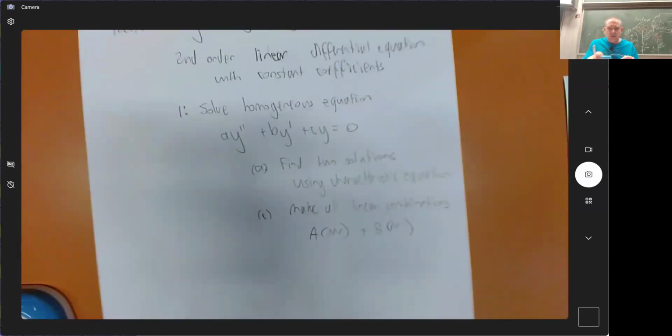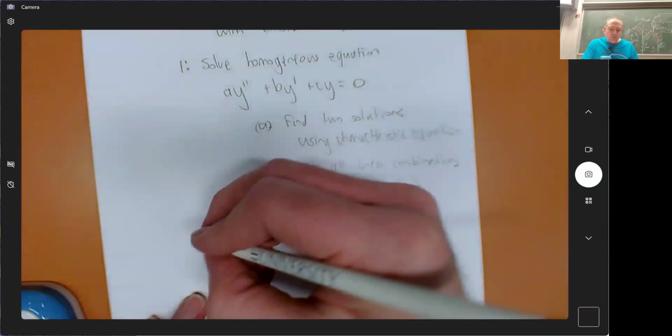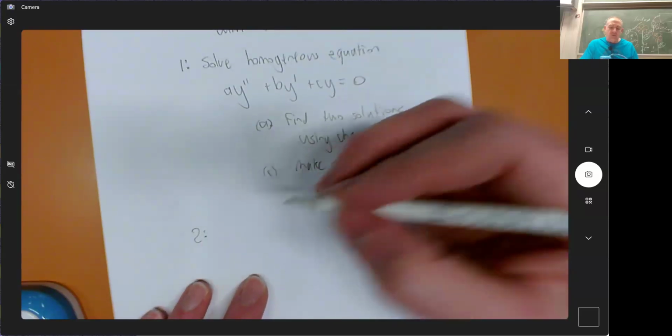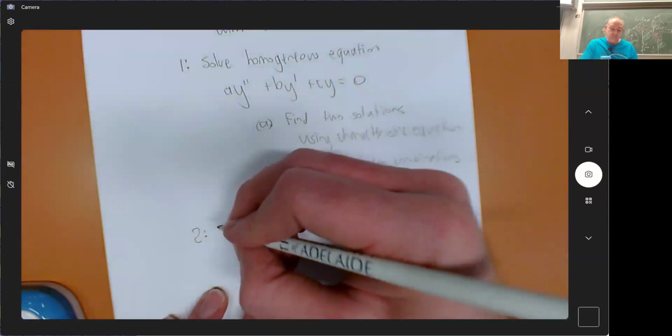And then step 2 is you think of one particular solution to the original equation.